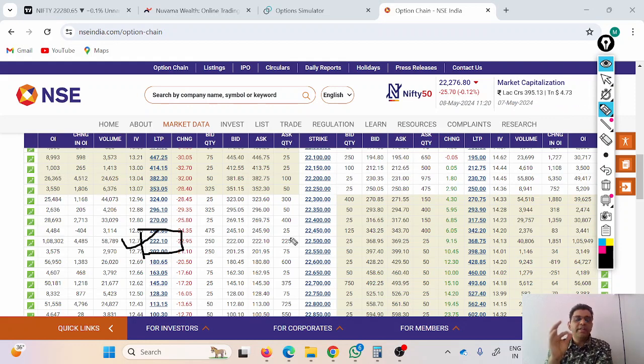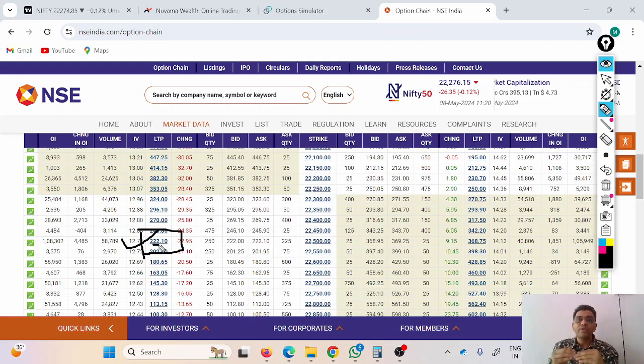If Nifty trades around the same level for 2 days, and the volatility or IV remains the same, in other words if all other option Greeks are not operative, then automatically this premium will reduce from 222 to somewhere around 200 or 190 in the upcoming 2 days.